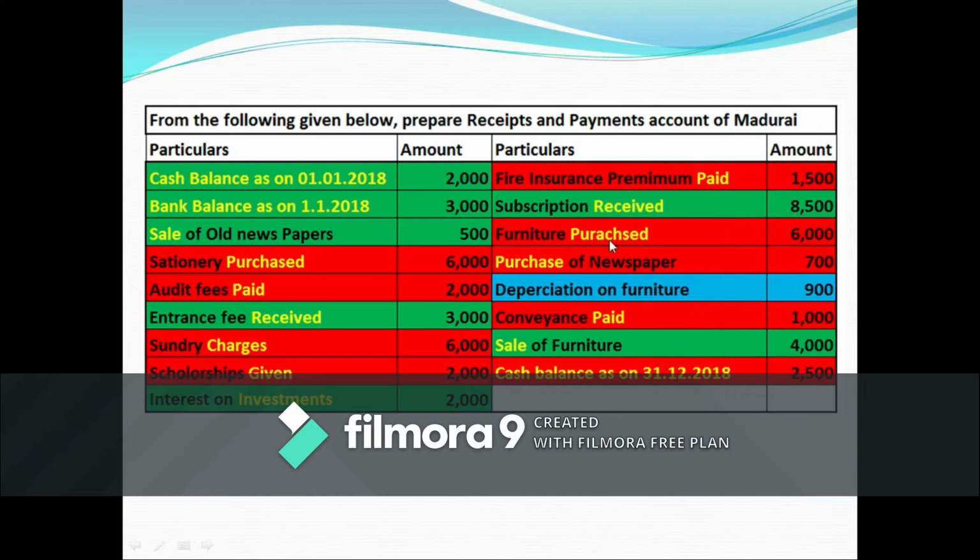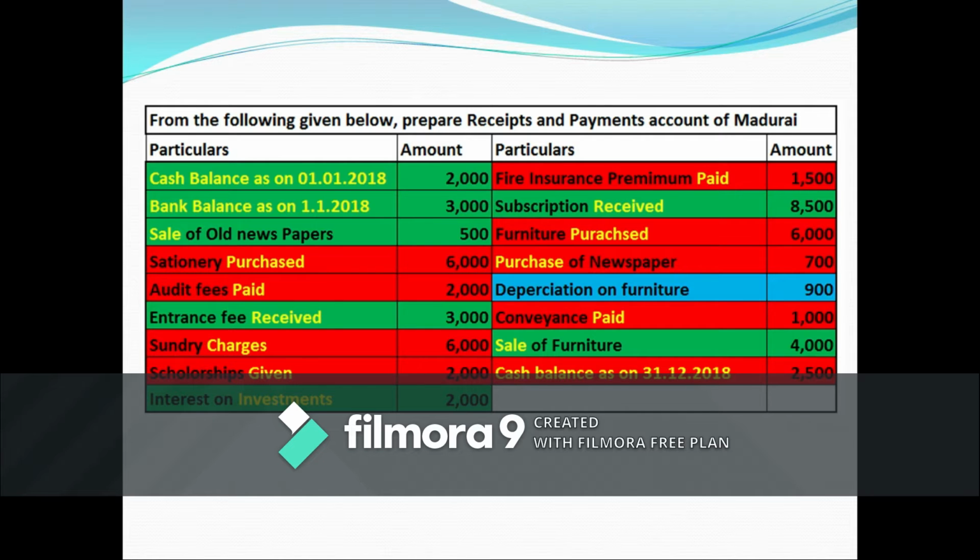In those accounts the cash goes out. That's why highlighted in red. Closing balance will always be mentioned in the payment side. Here, in the same sum, we just highlighted and identified whether receipt side or payment side.